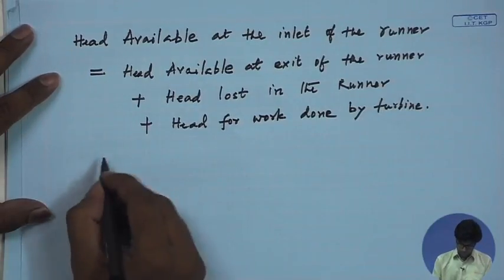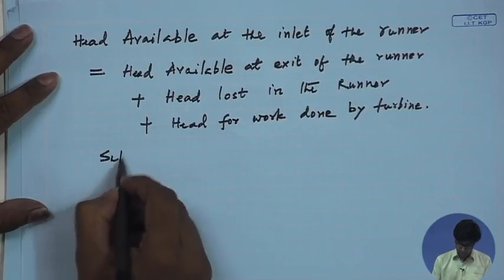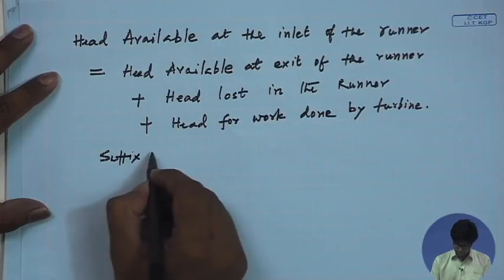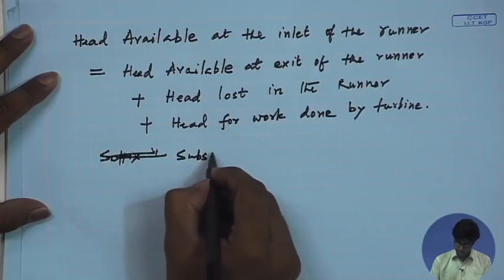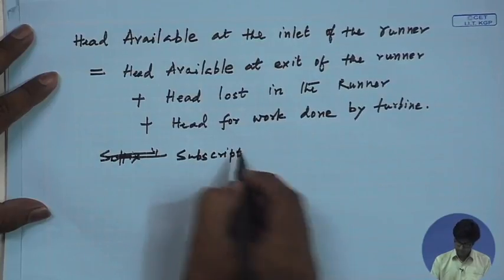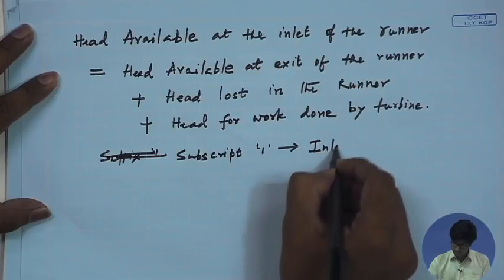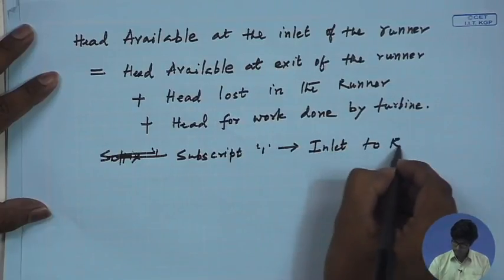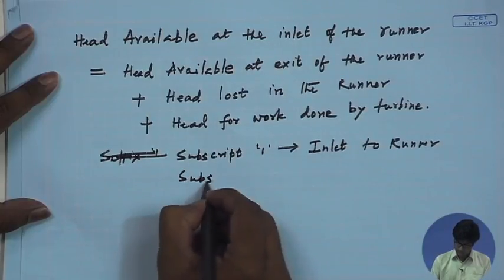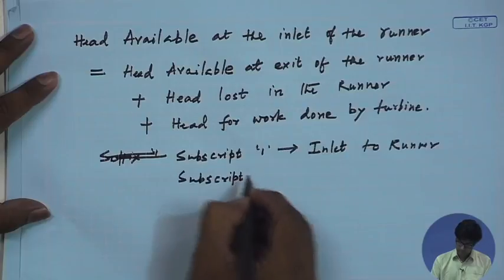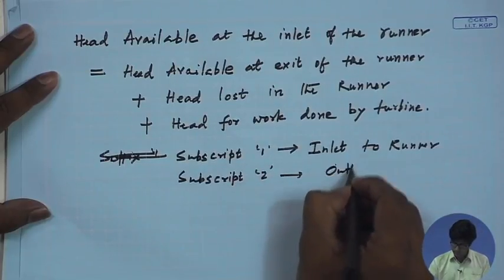So, if we represent the inlet to the runner by subscript 1, that is, subscript 1 represents the inlet to the runner, and subscript 2 represents the outlet to the runner.